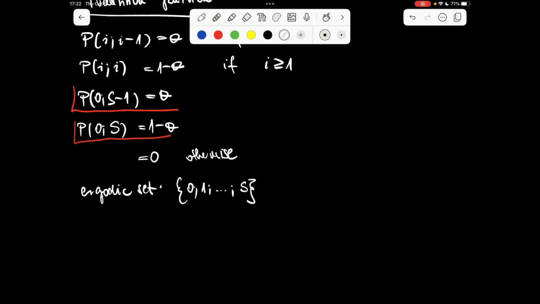So if we have an initial stock which is higher than S, all the inventory levels above S belong to the transient set. It is also important to realize that the ergodic set contains one huge cycle, which is not a problem, because cyclicality is a problem only if we have multiple cyclical subsets in the single ergodic set. So this was part B of the problem, and we are going to part C.